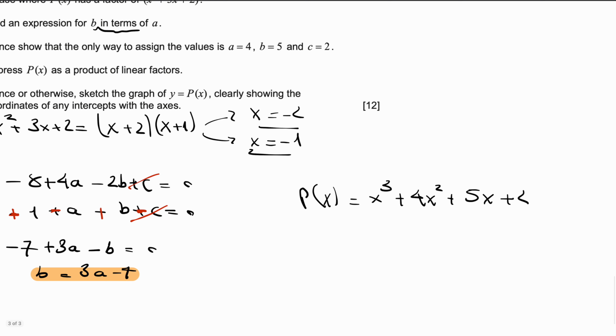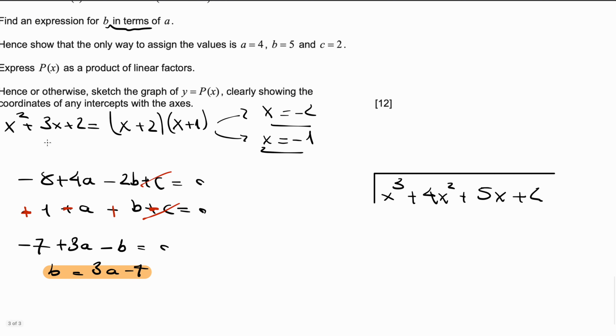And we're going to go ahead and divide this p of x by our already existing factor, which we're given, x squared plus 3x plus 2.